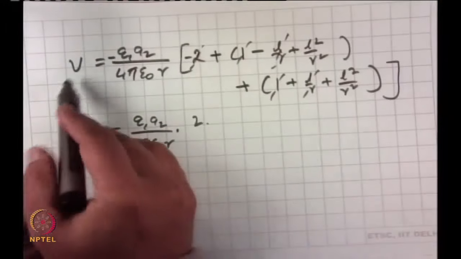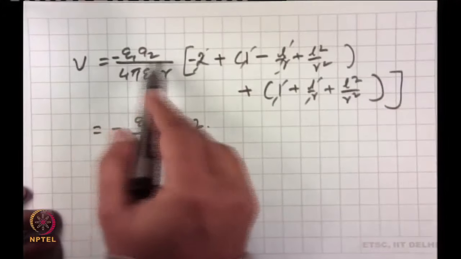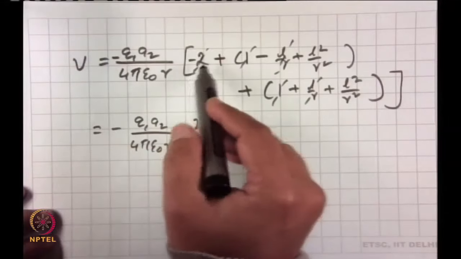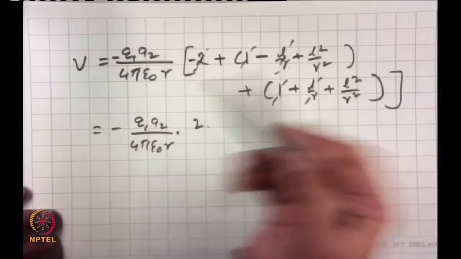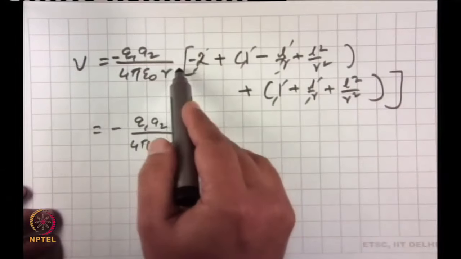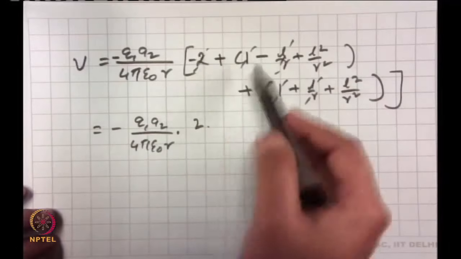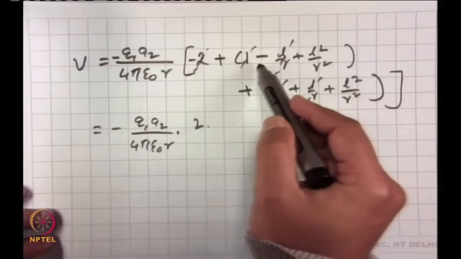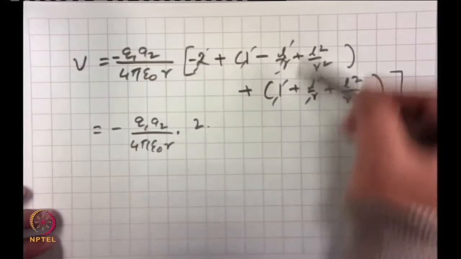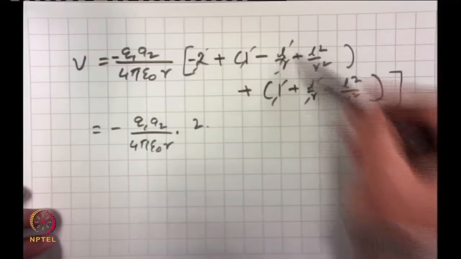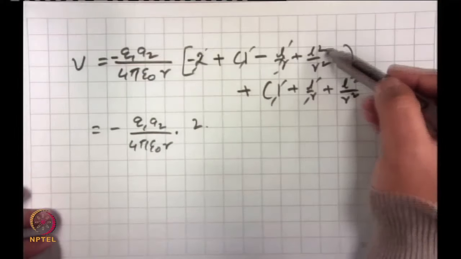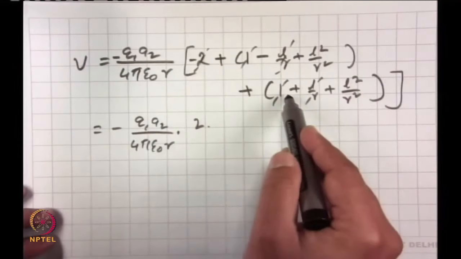Writing this one again, I can write V is equal to minus q1 q2 over 4 pi epsilon 0 r. I have taken a negative sign out, and accordingly the signs change inside the brackets. This 2 becomes minus 2, it was positive before, now it becomes negative. If I have 1 minus L by r plus L square over r square and 1 plus L by r plus L square over r square, the L by r terms cancel out, and we are left with L square by r square, because the 2 also cancels with 1 and 1.